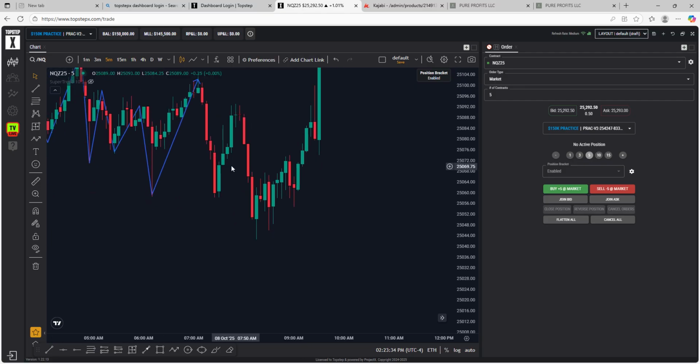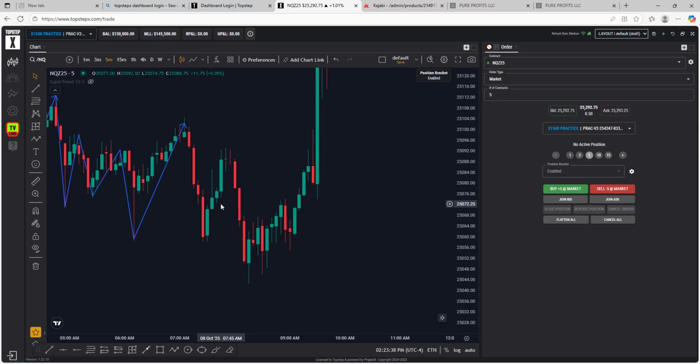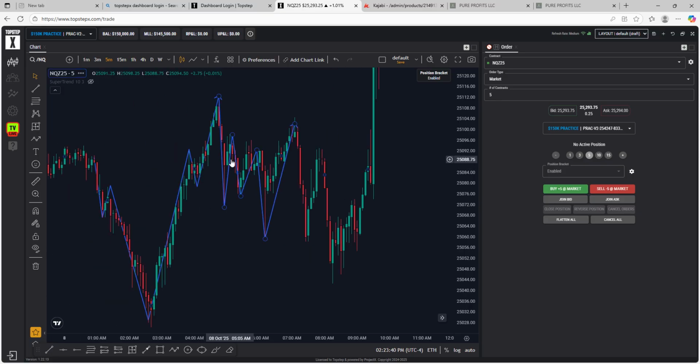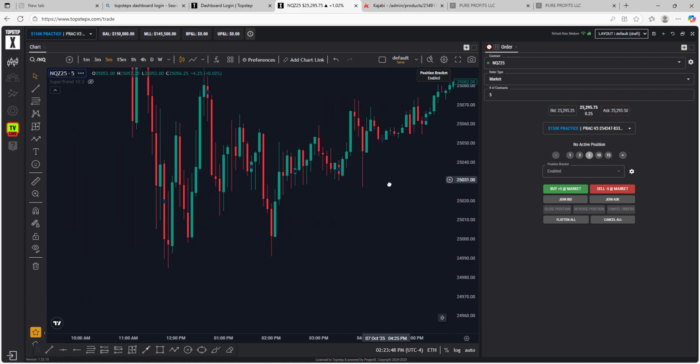This isn't that clean, to be honest with you. No entries here. It looked like it at first, but nope. You want structure to be super duper clean.